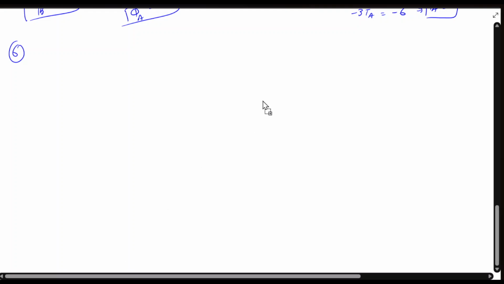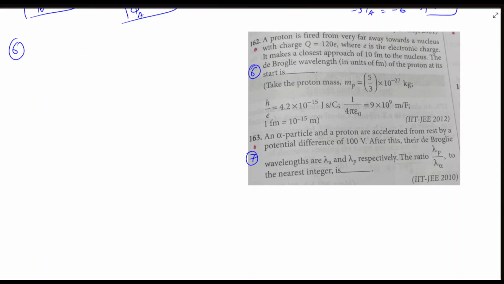So here we have two questions. This is sixth. This is seventh. Now, we have a proton fired from very far away towards the nucleus. It makes the closest approach.